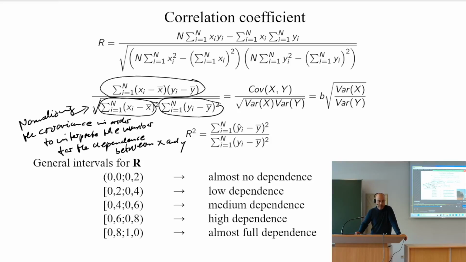And later on, we will also introduce this number squared, and this is then called the coefficient of determination, because the squared number has also a quite nice geometric interpretation.